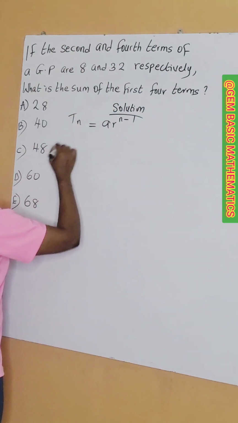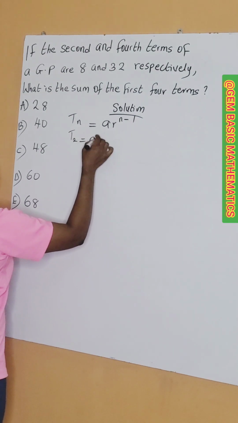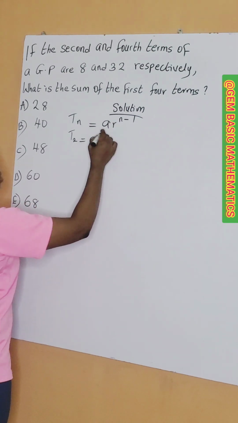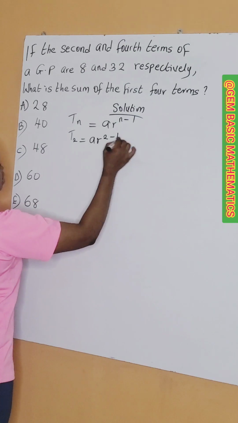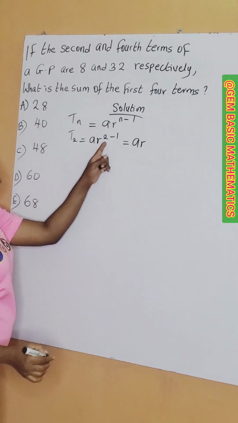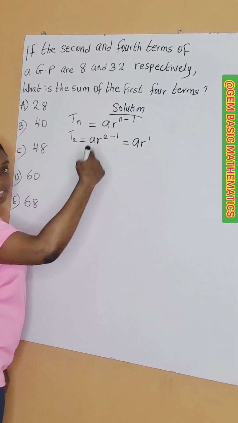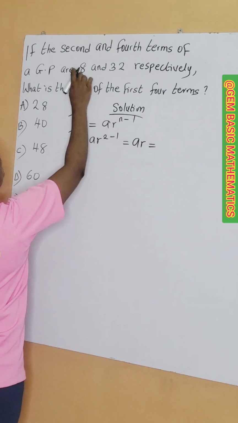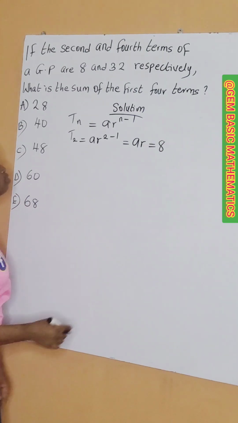So for our second term, T2 equals A r to the power of 2 minus 1. 2 minus 1 is 1, and r raised to the power of 1 is still r. Our second term is 8, so AR equals 8.